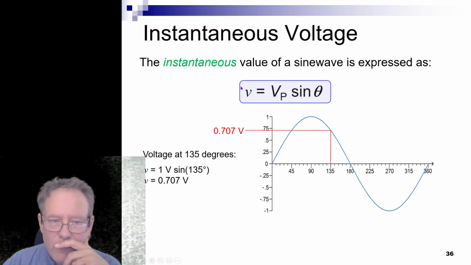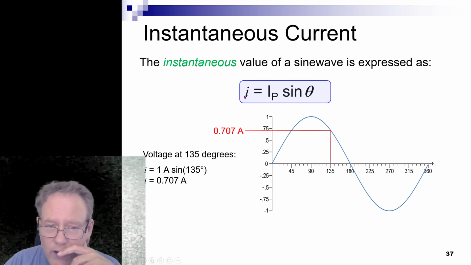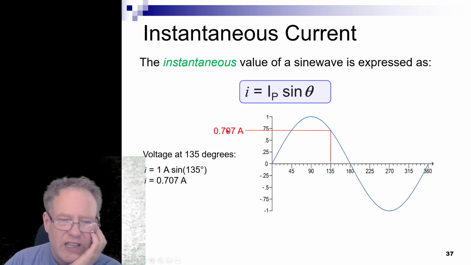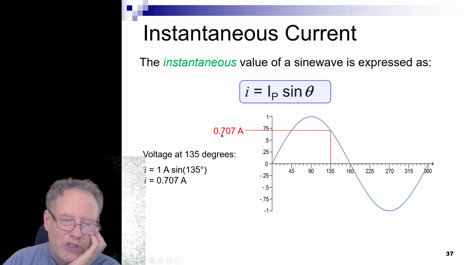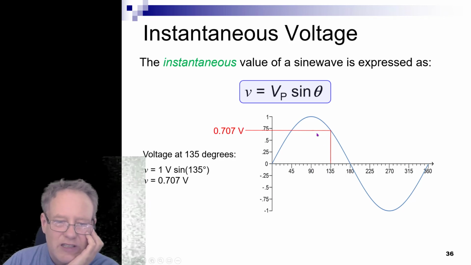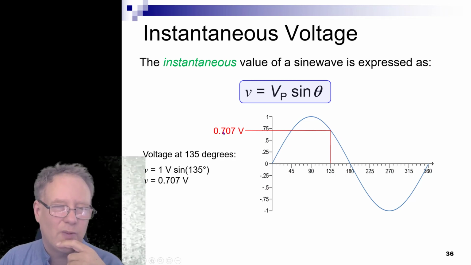And the other thing is that right here, we're looking at a lowercase v, and right here, we're looking at a lowercase i. So there you go. I'm choosing 0.707, but that's at 135 degrees. I probably should have used a different value, because it's kind of like I'm trying to talk about RMS, but I'm not.